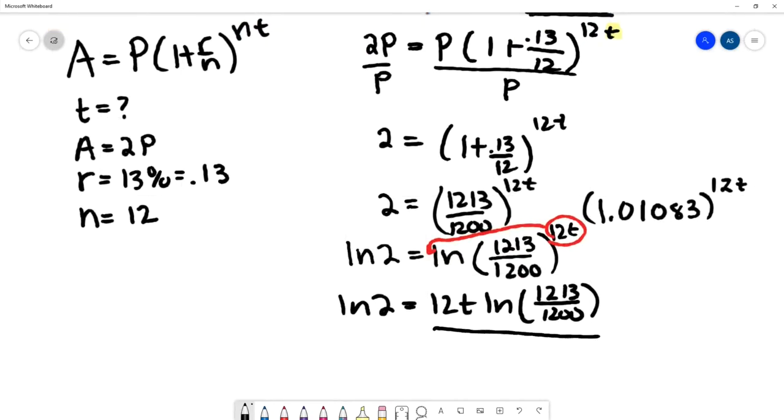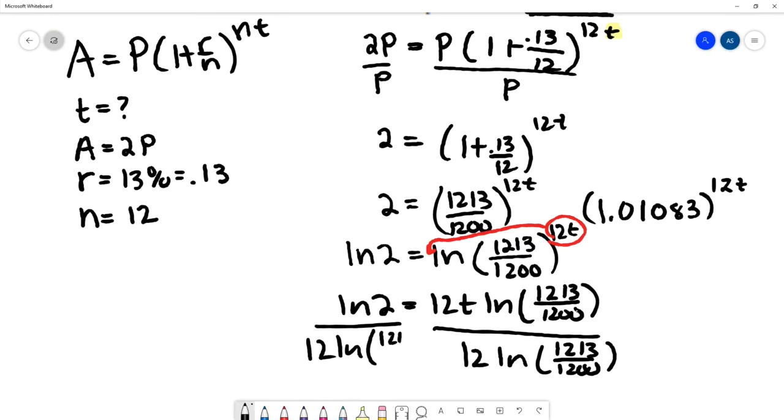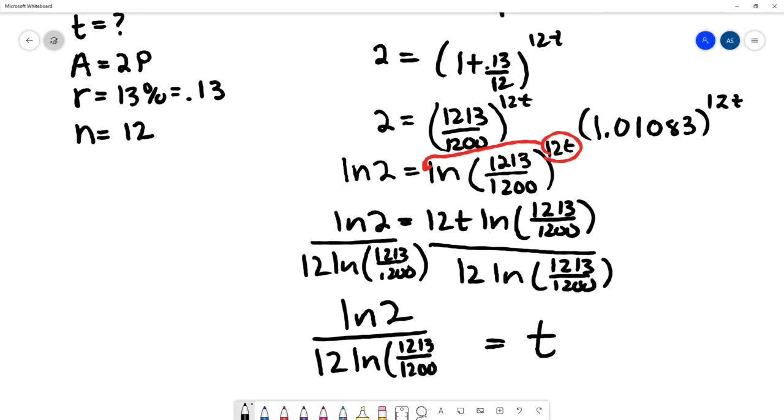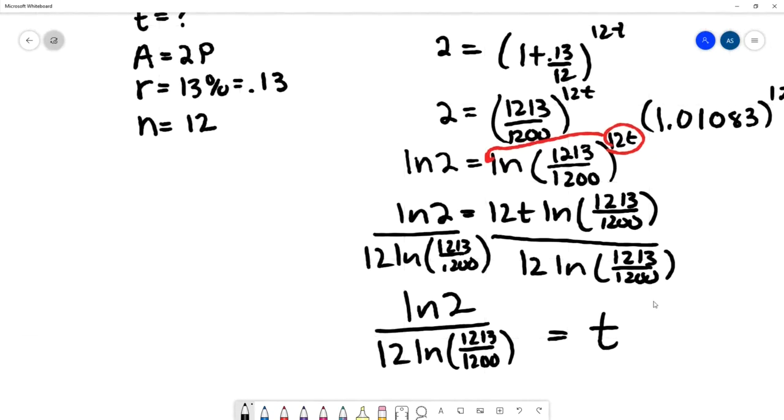We're going to divide both sides by 12 natural log 1213 over 1200. And we get our solution of t equals natural log of 2 over 12 natural log of 1213 over 1200. Okay, so let's type this in the calculator.